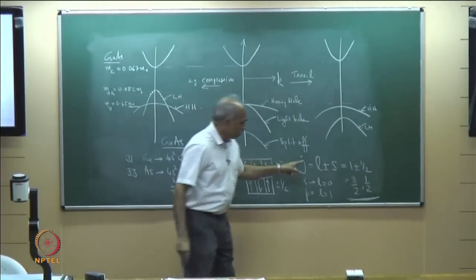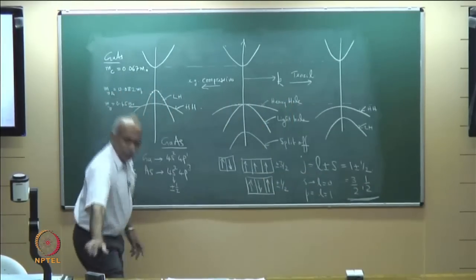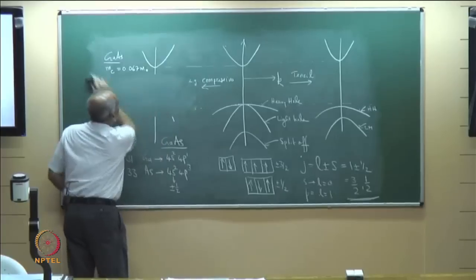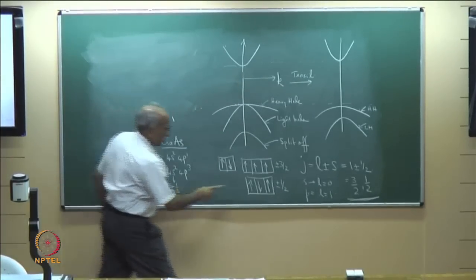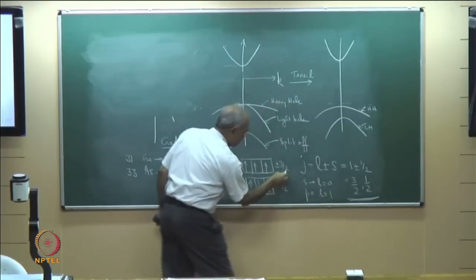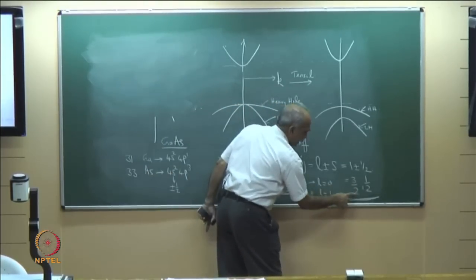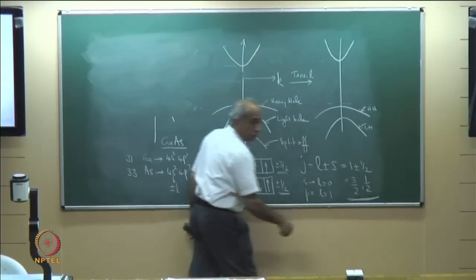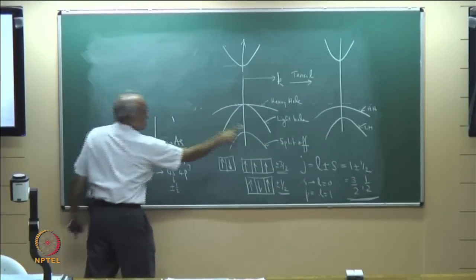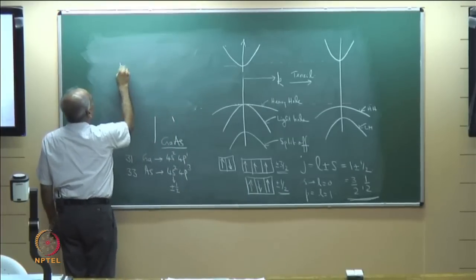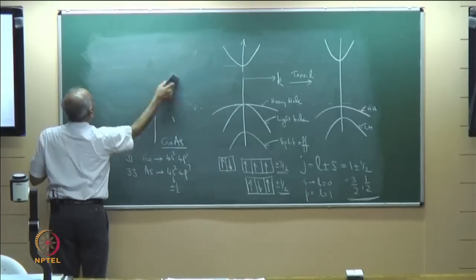The angular momentum can take values 3/2 and half, and therefore you have 3 combinations. Now please see, S can take values plus minus 3/2 and plus minus half, J can take 3/2 and half, and therefore we have a combination of states, J comma S.